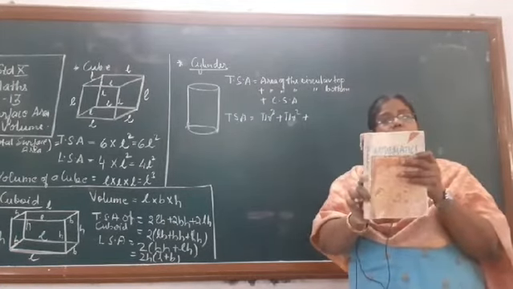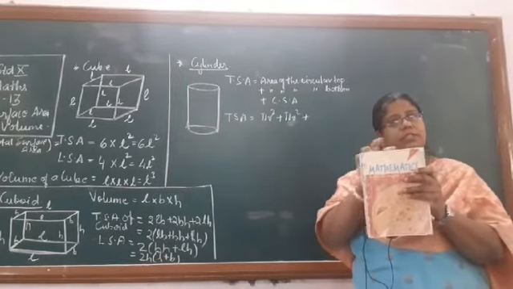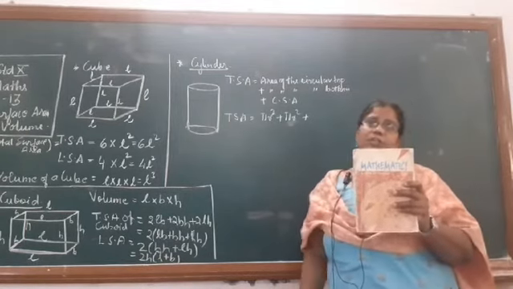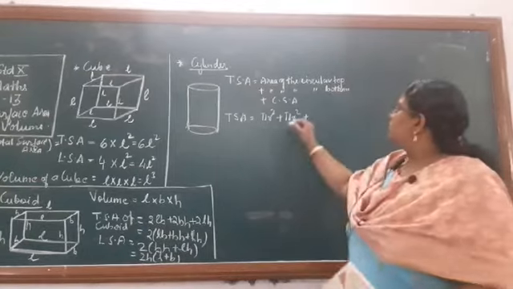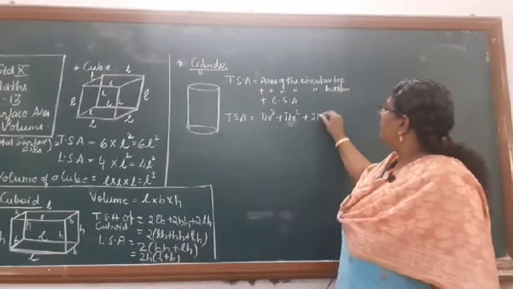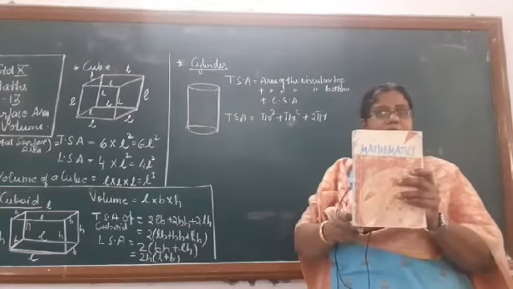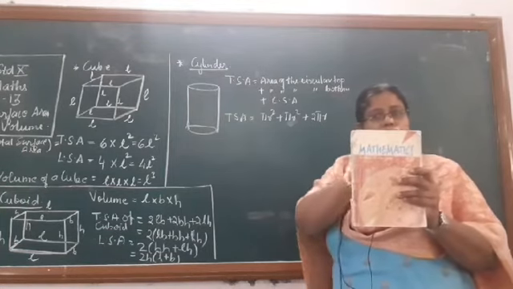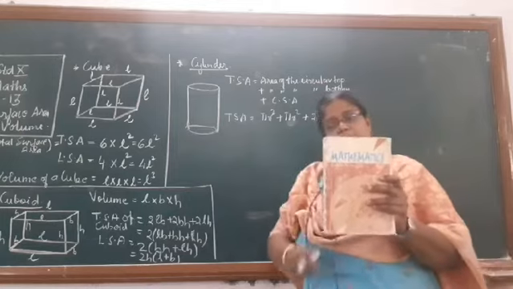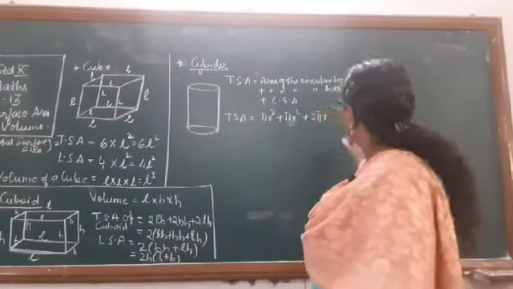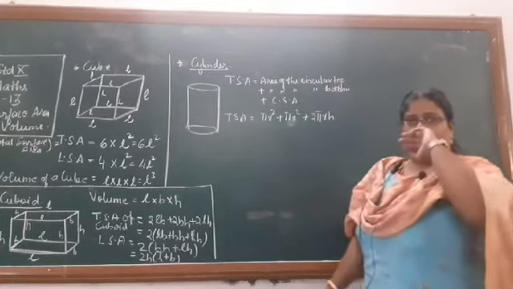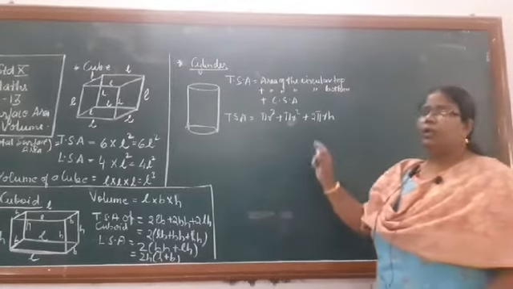When I open it, this will be considered as the value for the circumference only. So for that I have 2 pi r, and this is the height. L into B, L is 2 pi r, so L into B will become 2 pi r h. So you have it this way.